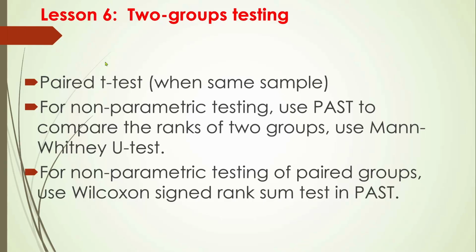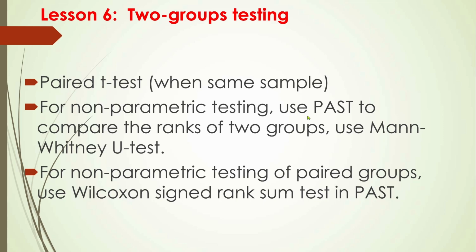In Excel, there is also an option for paired t-test. This is used when it concerns the same sample, usually in a before and after scenario. Finally, if your data do not fit normal distribution, you may use non-parametric statistics.